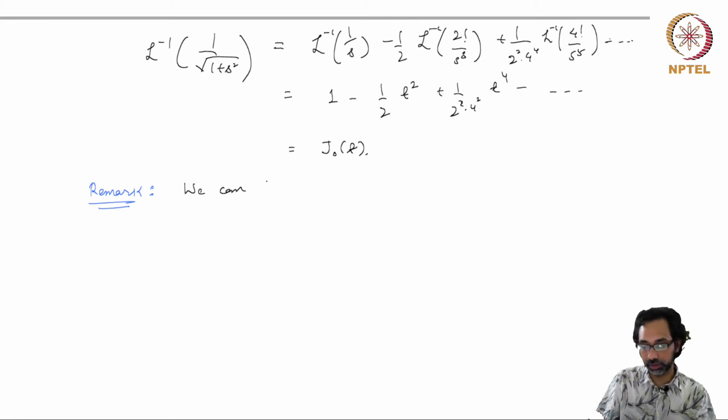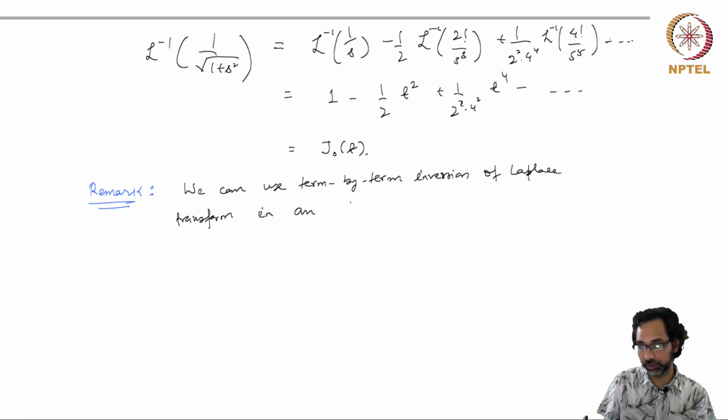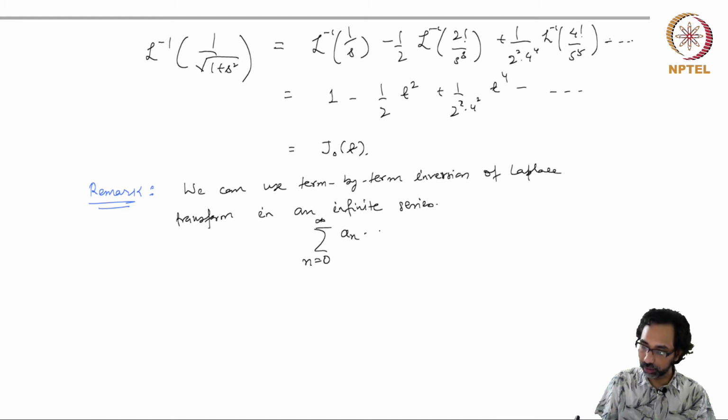We can use term by term inversion of Laplace transform in an infinite series given by, say, the sum from n equal to 0 to infinity of a_n times 1 over s to the power n plus alpha, where alpha is greater than or equal to minus 1.